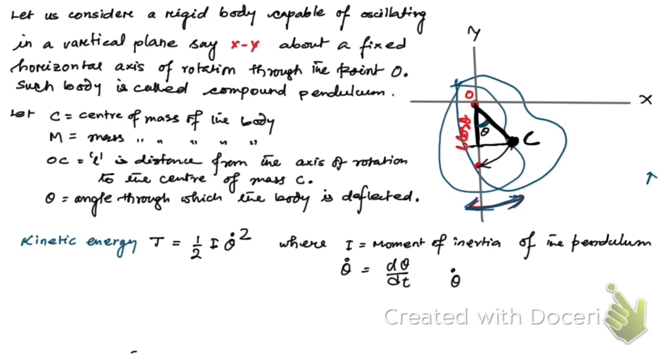If you have two dots, then it represents the second order derivative of theta with respect to t. So hope you know these things.